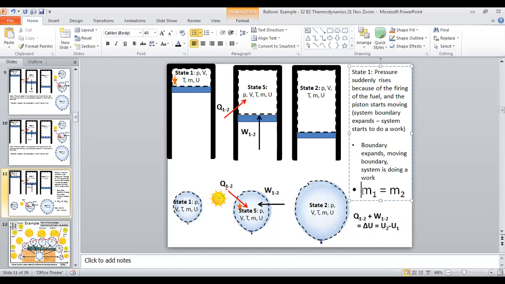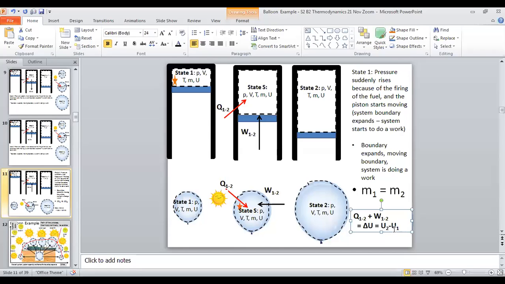Mass cannot be destroyed or created here for these cases, unlike in nuclear reactions. So mass conservation, M1 is M2. Energy conservation, heat and work combined: Q12 plus W12 is delta U, the internal energy rise, that is U2 minus U1.